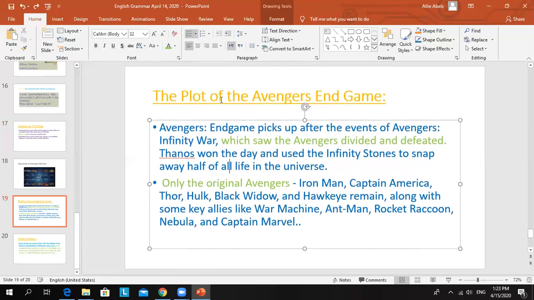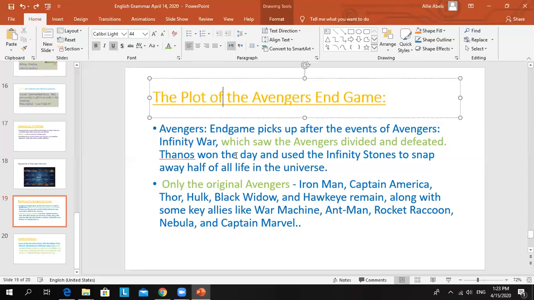Okay, so remember I said that plot is basically the most important events of a story from start to finish, the start, the middle, and the end of the story. So we're going to look now at this plot of the movie Avengers Endgame.